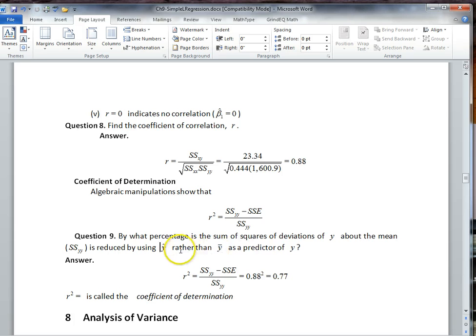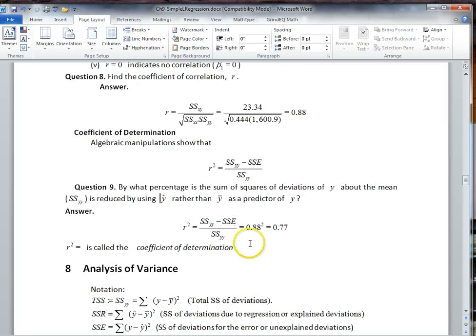So if I use advertising to predict sales volume, it explains 88% of the variability in sales volume. Or 0.88 squared, so that's 77% of my sales volume variability. So that's pretty high, okay?